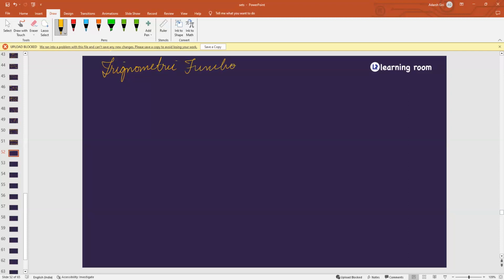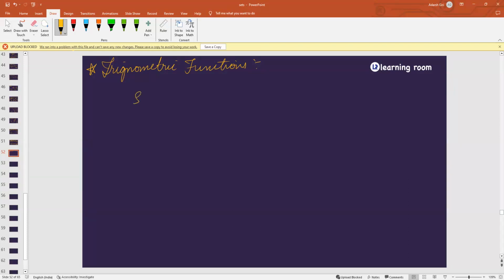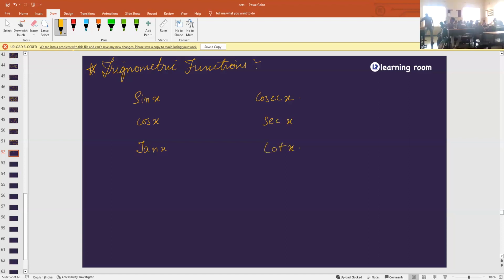Trigonometric functions. What are trigonometric functions? We know that we have functions like sin x, cos x, tan x, and the converse of it, that is cosec x, sec x, and cot x, right?